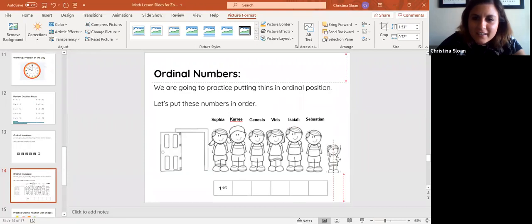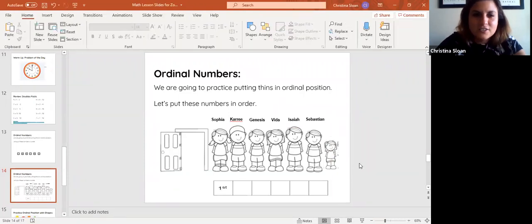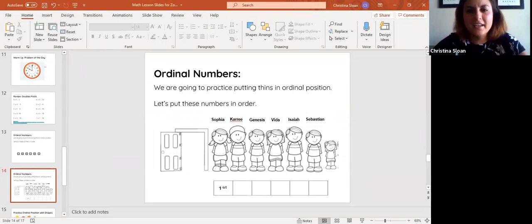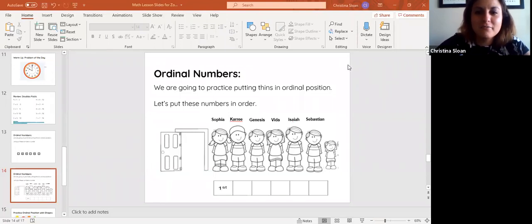So we're gonna add Skylette in line. She's a little shorter than everyone else today. And do I have Jesus? No, let me add Jesus. Jesus needs to get in line too because we're going to specials. Actually, no, we're going to lunch. Actually, no, we're going to recess.